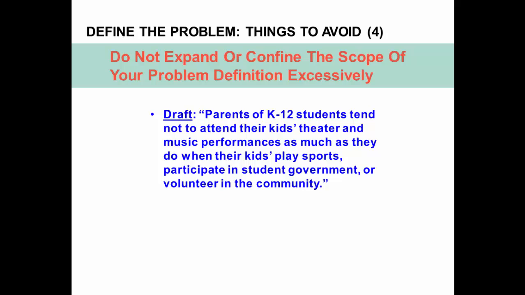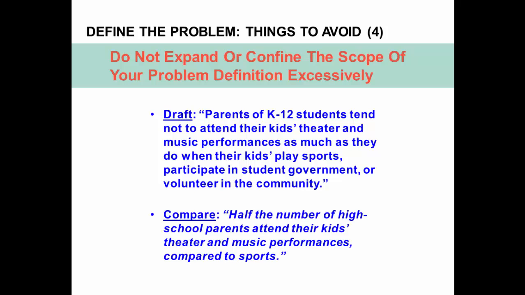We want to define the problem in a way that makes our public policy analysis well scoped and capable of completion. So going back to our earlier version, half the number of high school parents attend their kids' theater and music performances compared to sports. We have a much more confined and easily tolerated problem definition, one that we can attack, and all these other issues can be left for a later policy analysis on another day.